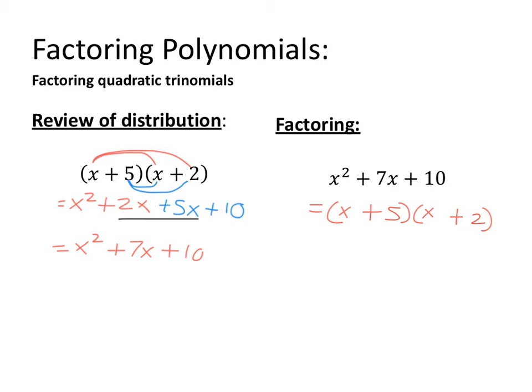One thing I like to do sometimes is check my answer by distributing it all back out. Since I've already done that right here, I'm not going to do that in this particular example, but in your homework I highly encourage you to multiply this out. And if you get what you started with, then you're good to go.